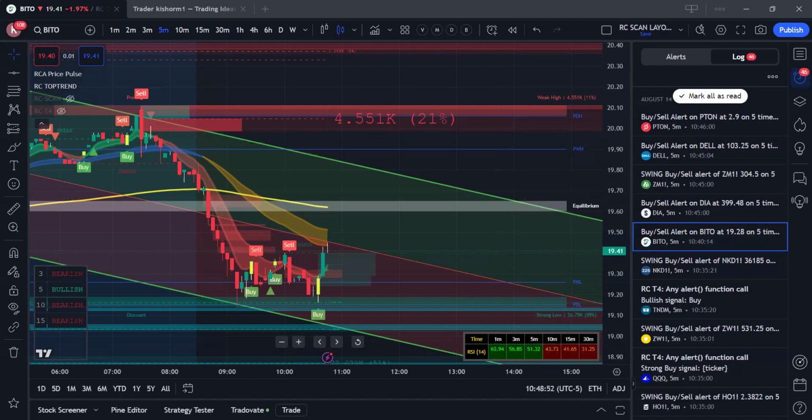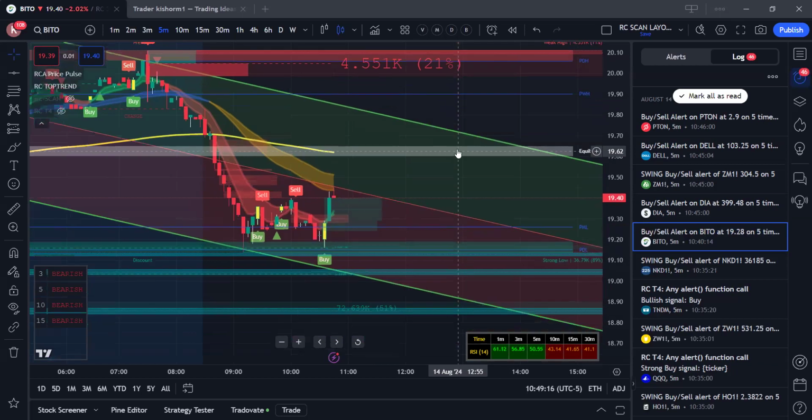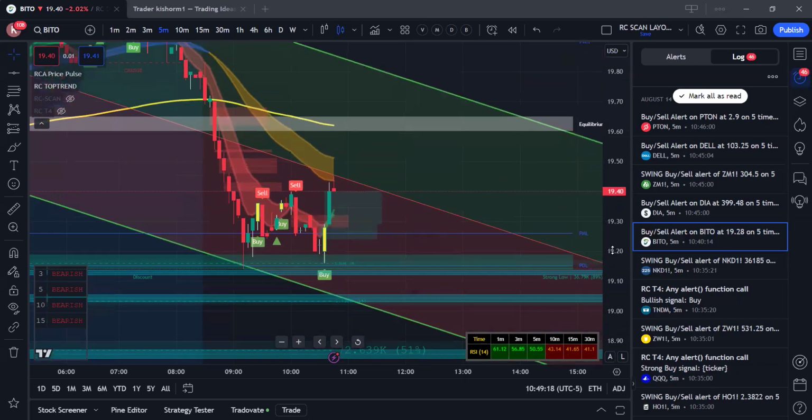We took profits on ARM, and we took profits on SC and ARM, and also USO from yesterday. If we get a sell signal on BITO, we can buy the puts.